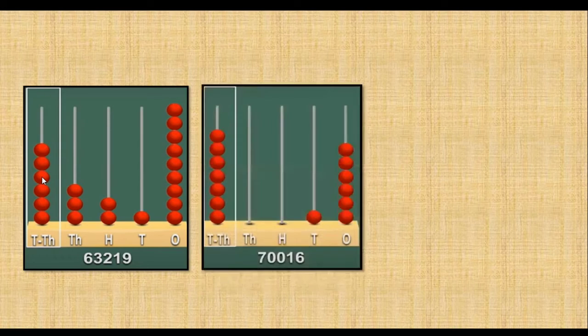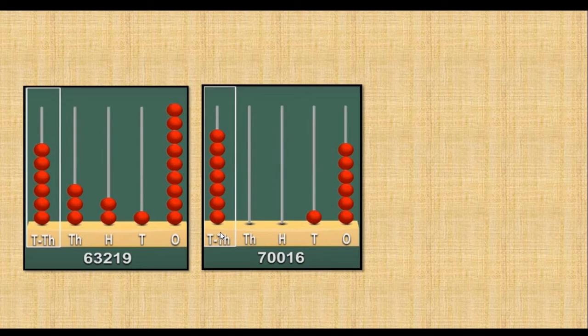Now for the next example, it's 70,016. Here if you observe, the highest place value is of 10,000s, which is 7. So I have 7 beads at the 10,000s place, and I don't have any beads at the thousands and hundreds place because the digits I have in the number 70,016 are just 2 zeros at the thousands and hundreds place value.